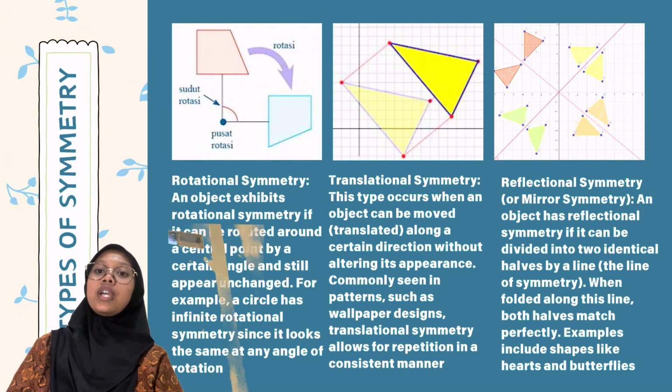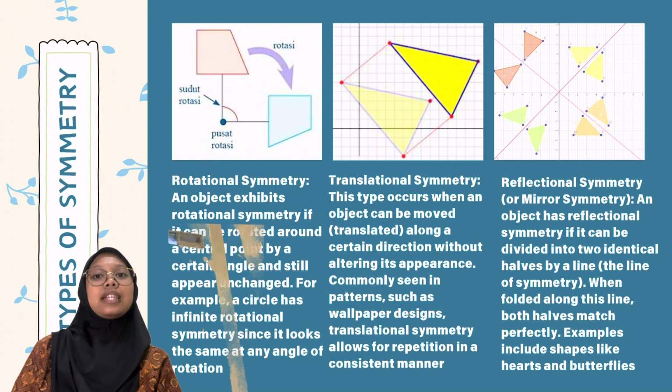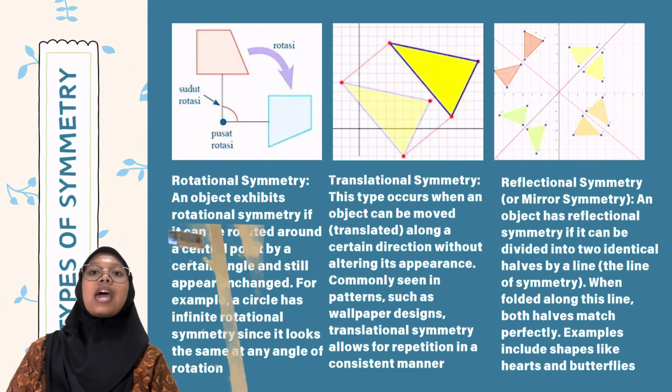Okay, we already know the meaning of symmetry. Next, we will discuss types of symmetry. There are four types of symmetry. The first, rotational symmetry.